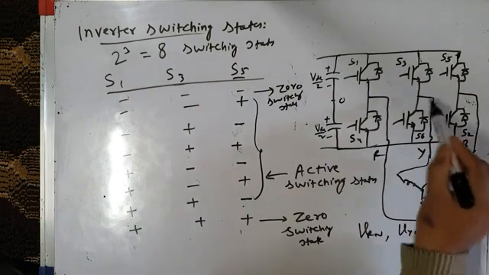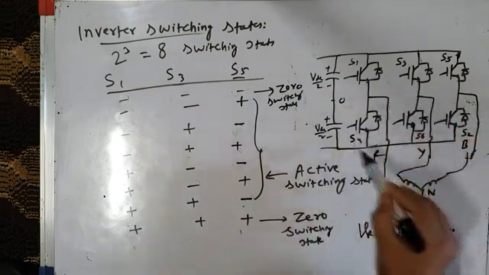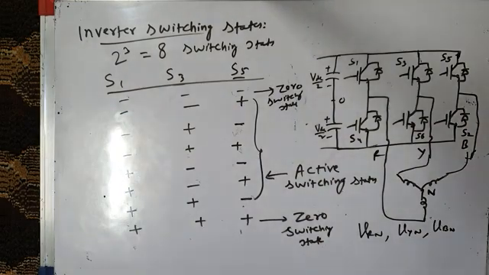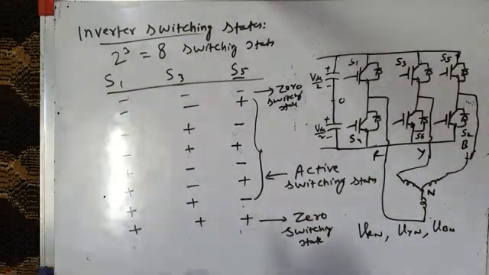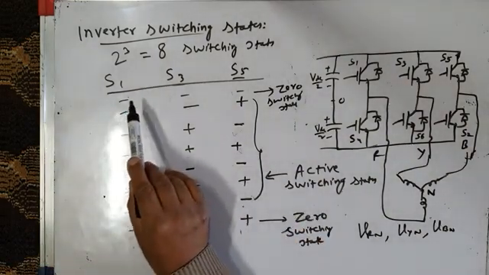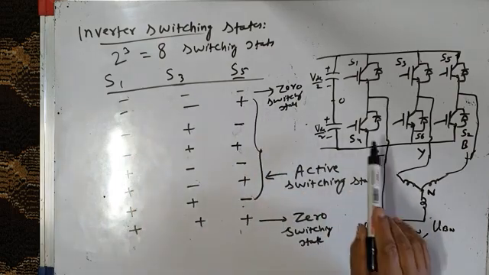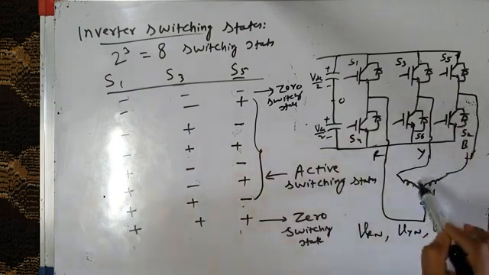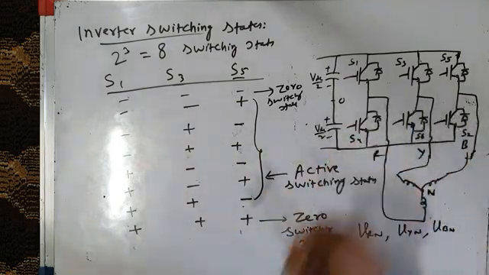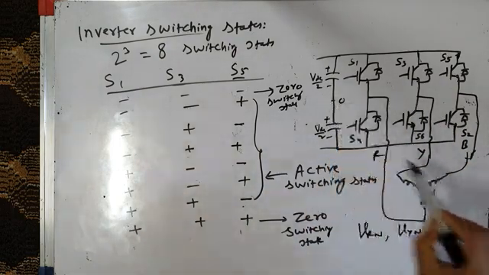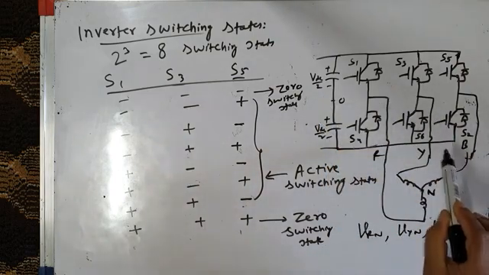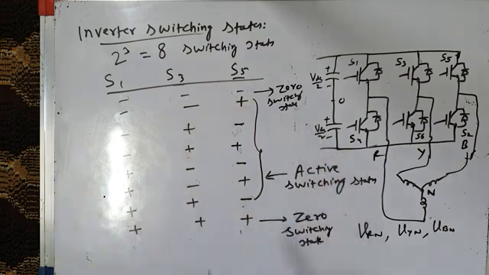It is shorted, so a sort of freewheeling is taking place here. There is no transfer of energy from source to load, so this state is called the zero switching state.